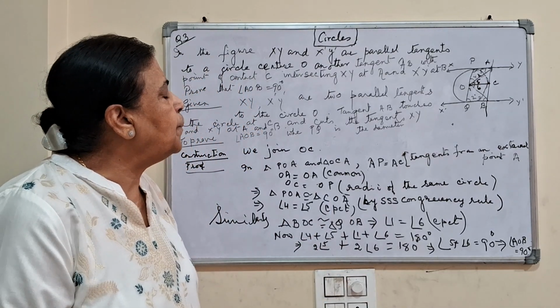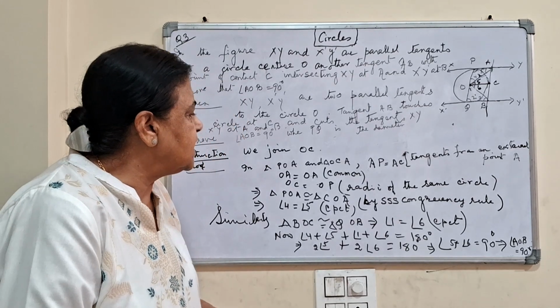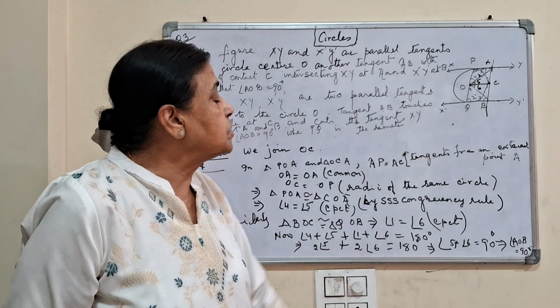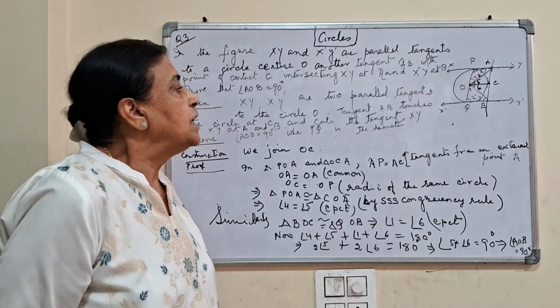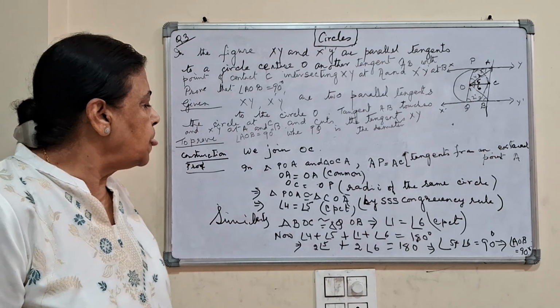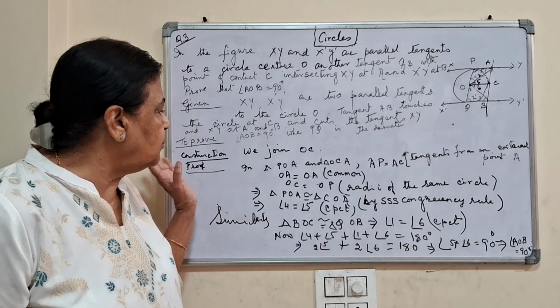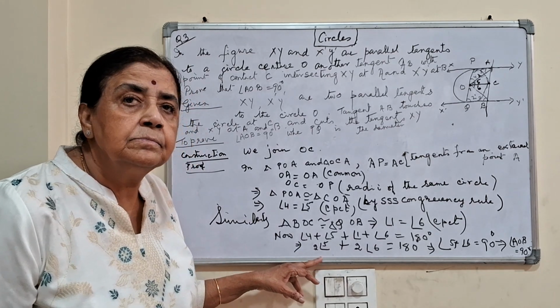Now, angle 4 plus 5 plus 6 plus 1 is equal to 180 degrees. Why is it 180 degrees? Because this is a straight angle, always 180 degrees. So 4 is equal to 5, as we have proved earlier. That means 2 of angle 5 I can write.